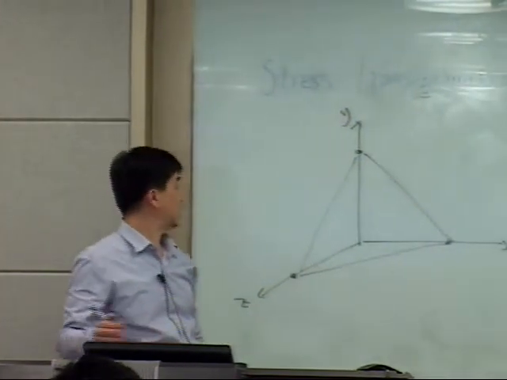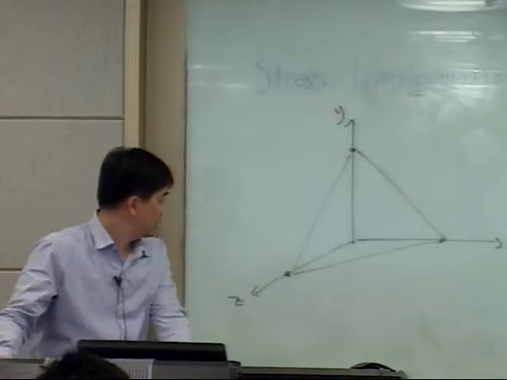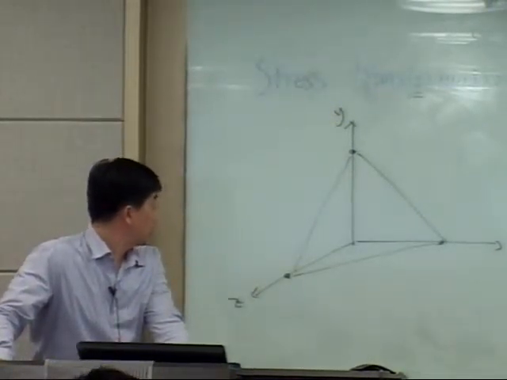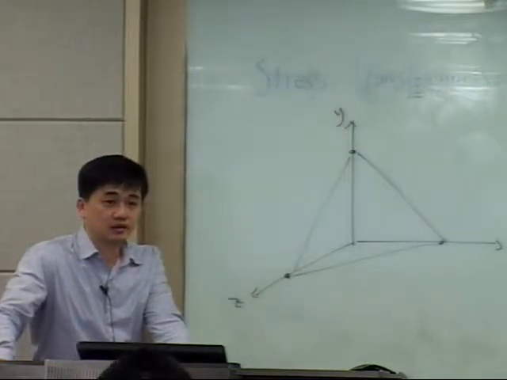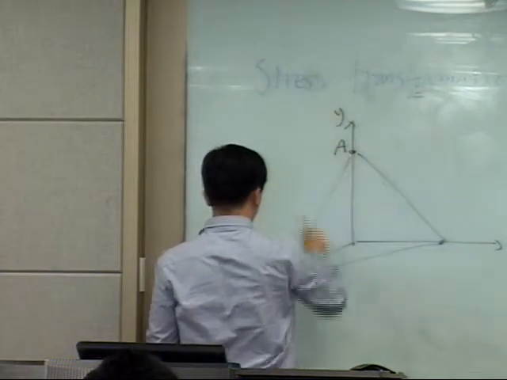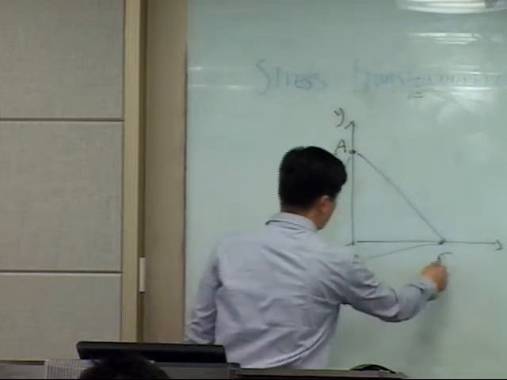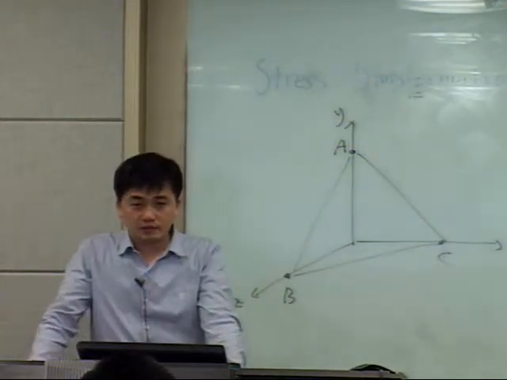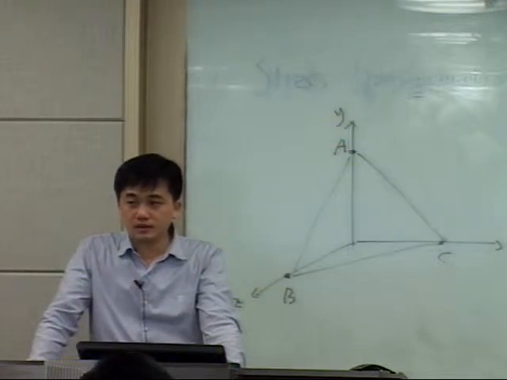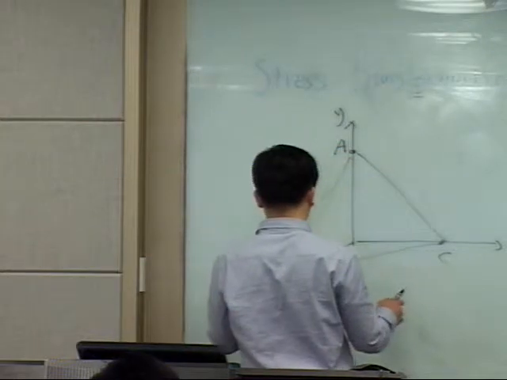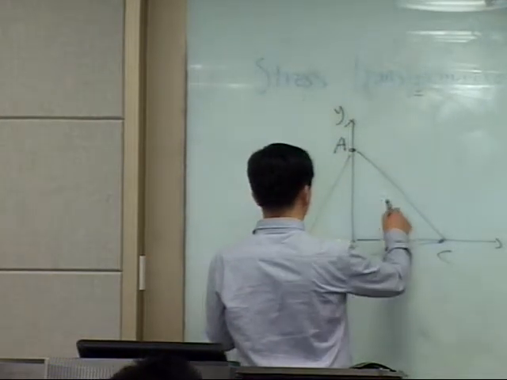One is in the xy plane, one in the xz plane, one in the zy plane, and the last one is a plane defined by points A, B, C. Right? So we will have four surfaces.